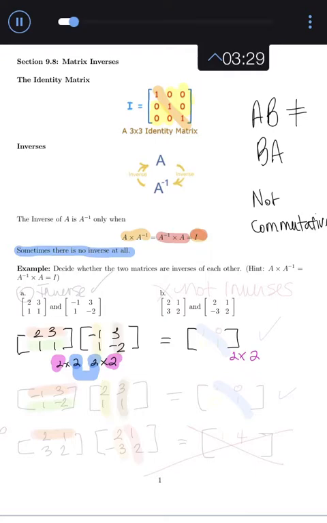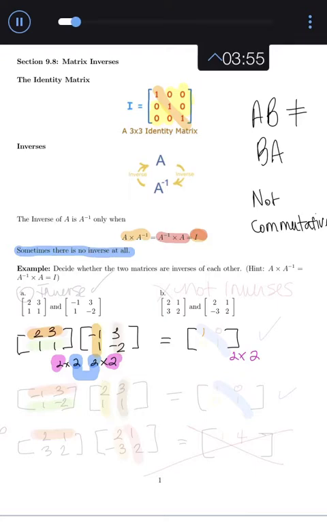Remember, we get the first entry of our product matrix by multiplying the first row and first column and adding as we go. So the first entry is 2 times -1, which is -2, added to 3 times 1, which is 3. So -2 and 3 give us +1.